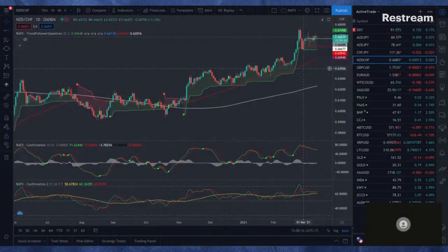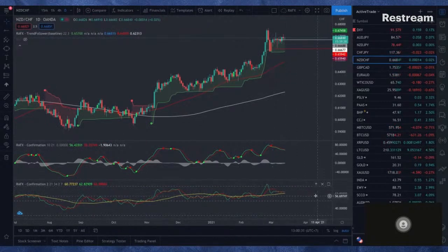And although the confirmation 1 is trying to move lower, I think this would be a healthy correction. But if you notice, the confirmation 2 is still in the buy zone. So we are still good, right? My position is still good to hold until this signal here tells me to exit.